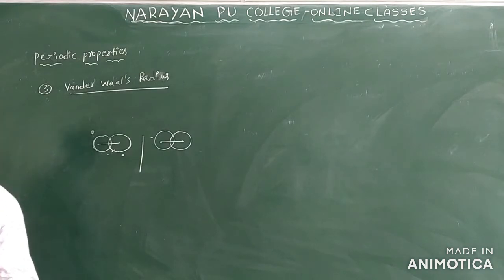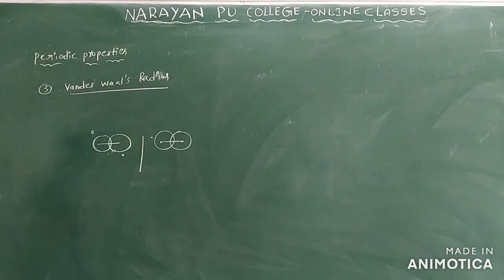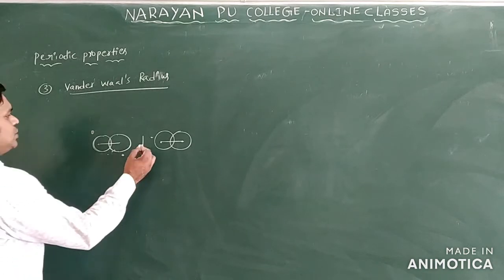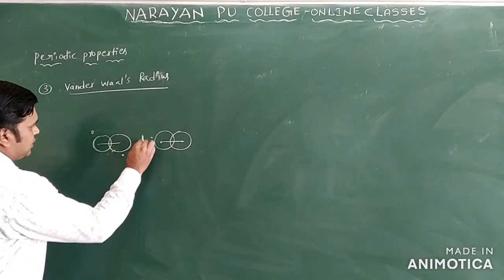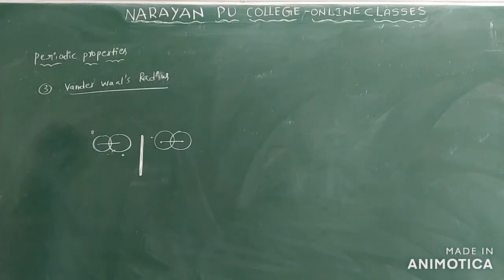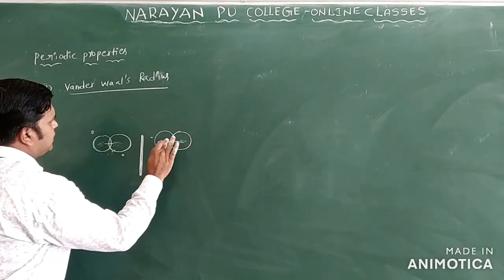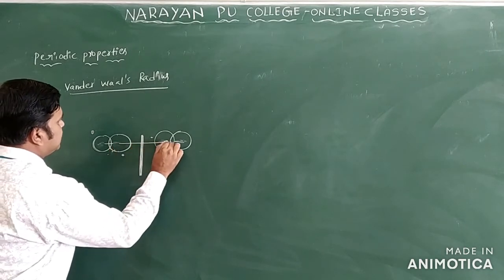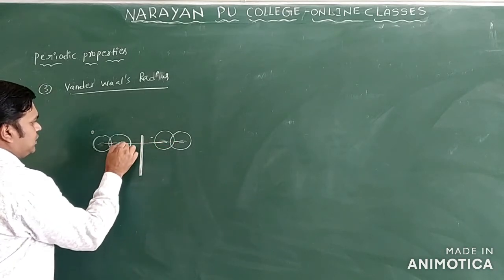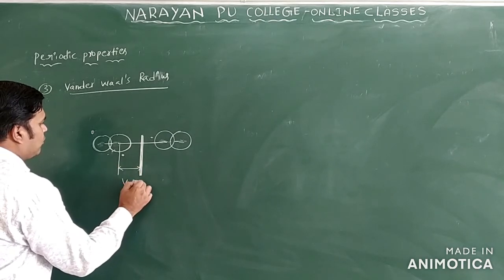It is half of the internuclear distance between two adjacent atoms of the neighboring molecules only. If you take this adjacent distance, this radius we are calling van der Waals radius only.